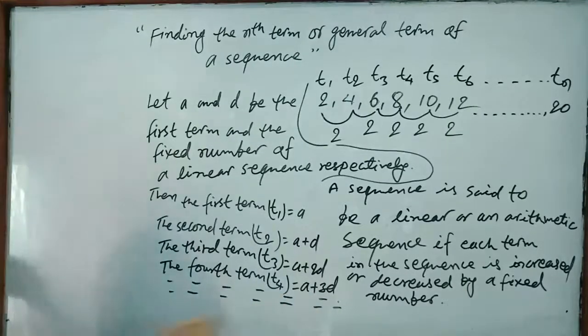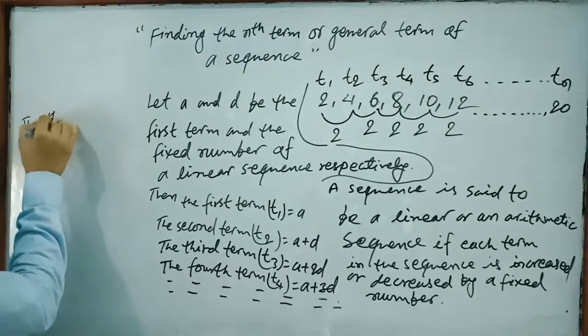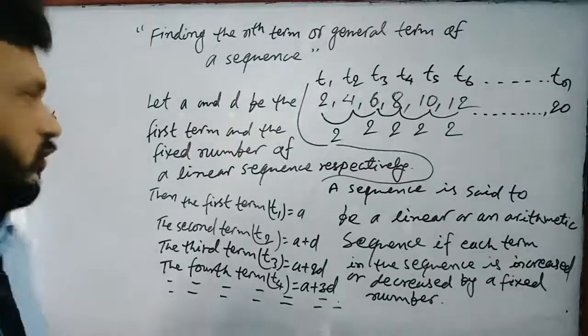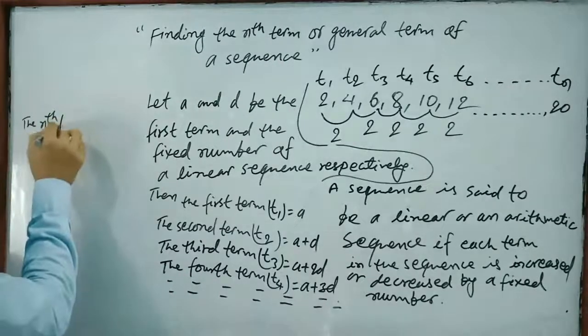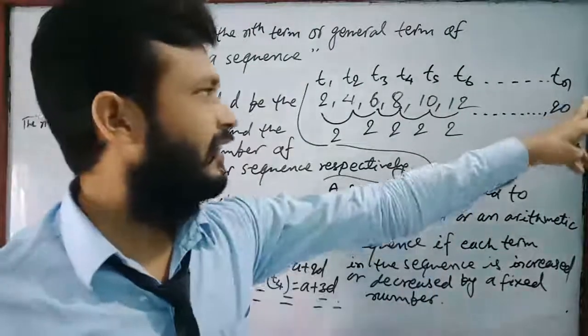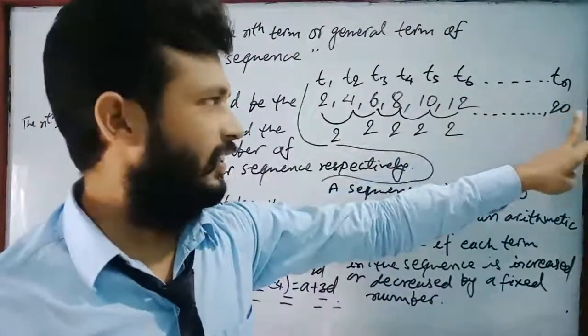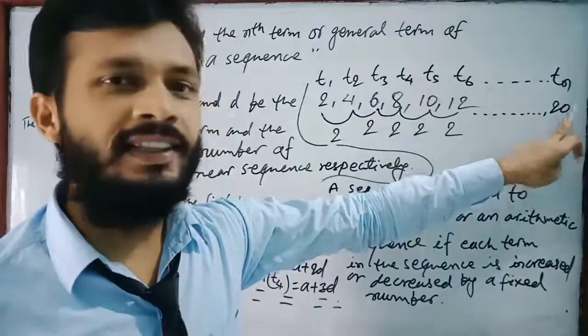Then at last, the nth term. Now how to find the nth term? The nth term is denoted by Tn. Let's see here. What is the place of 20?